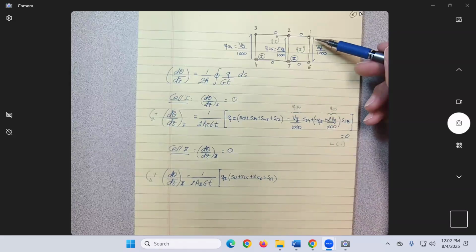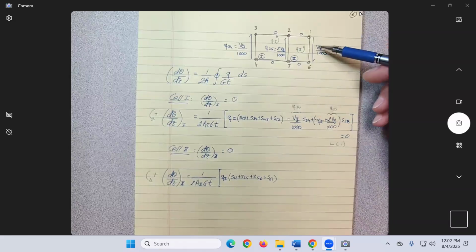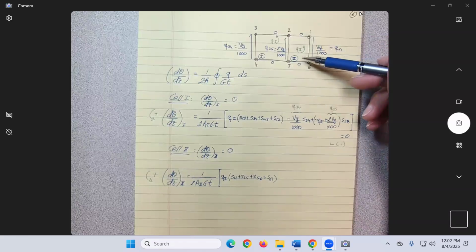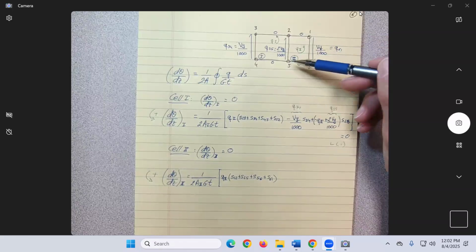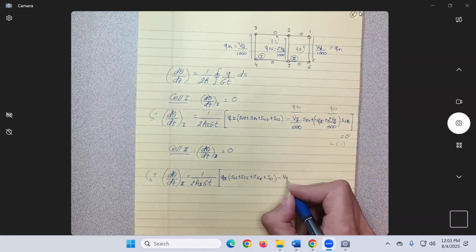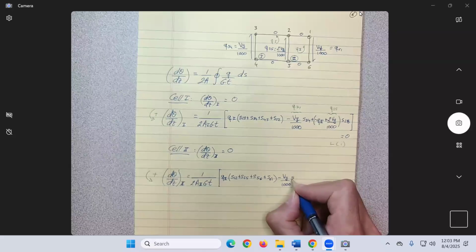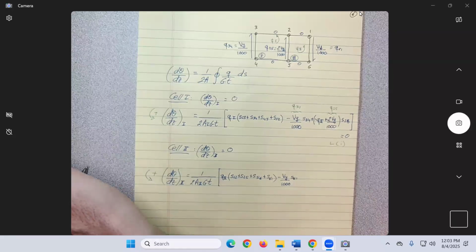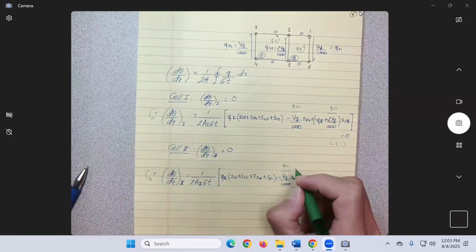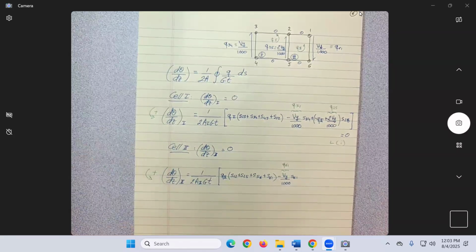Okay, now let's do this one. I'm going to follow the same order. The Q61 is going to make cell 2 go clockwise or counterclockwise? 61 is going to make it go clockwise, no? So it will be minus Vy over 1000 times S61. So remember, this is Q61.